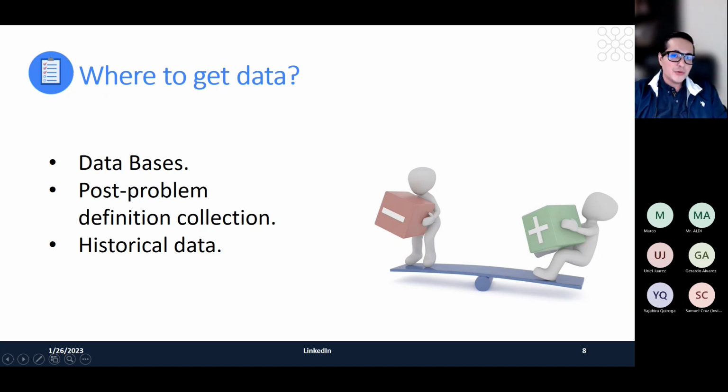Now, there are some pros and some cons to each one. Databases: the pro is the data is just there. The con is it's really hard to get sometimes, unless you know query or you have integrations into your software to actually pull that data from the database. But again, it's a lot of data, and it's a very good way to get a lot of information. Post-problem definition and collection: what's the deal with that one?